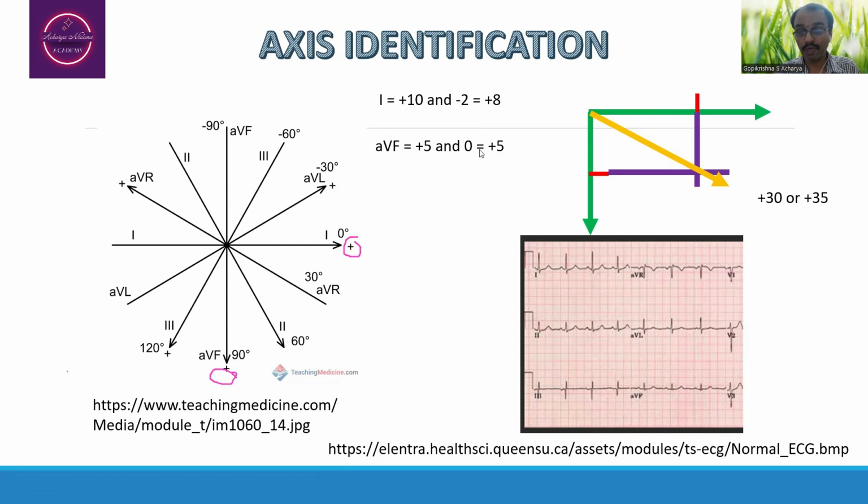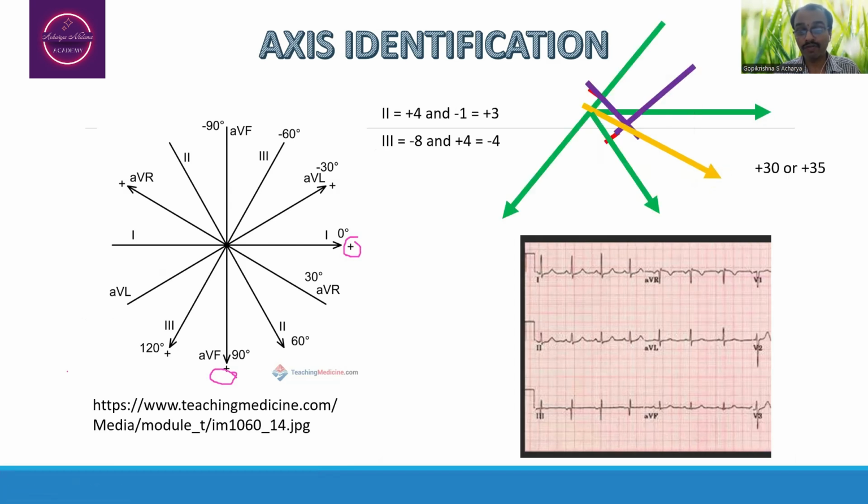Let us take one more example. Instead of lead 1 and AVF, here we are going to see lead 2 and lead 3. Lead 2 is showing plus 3, and lead 3 is showing minus 4.